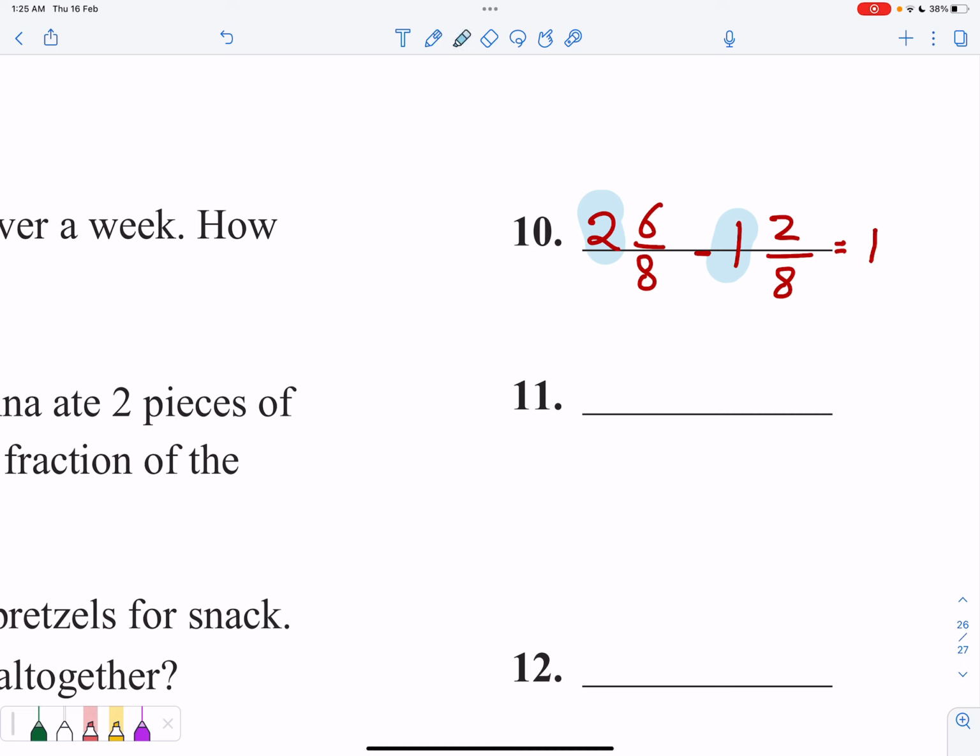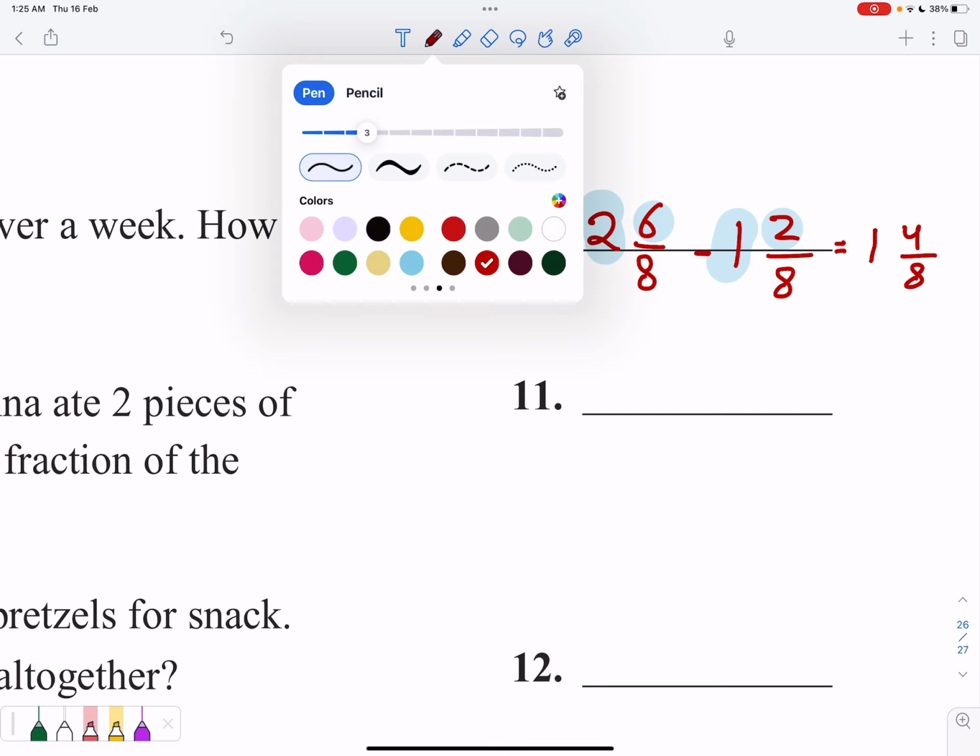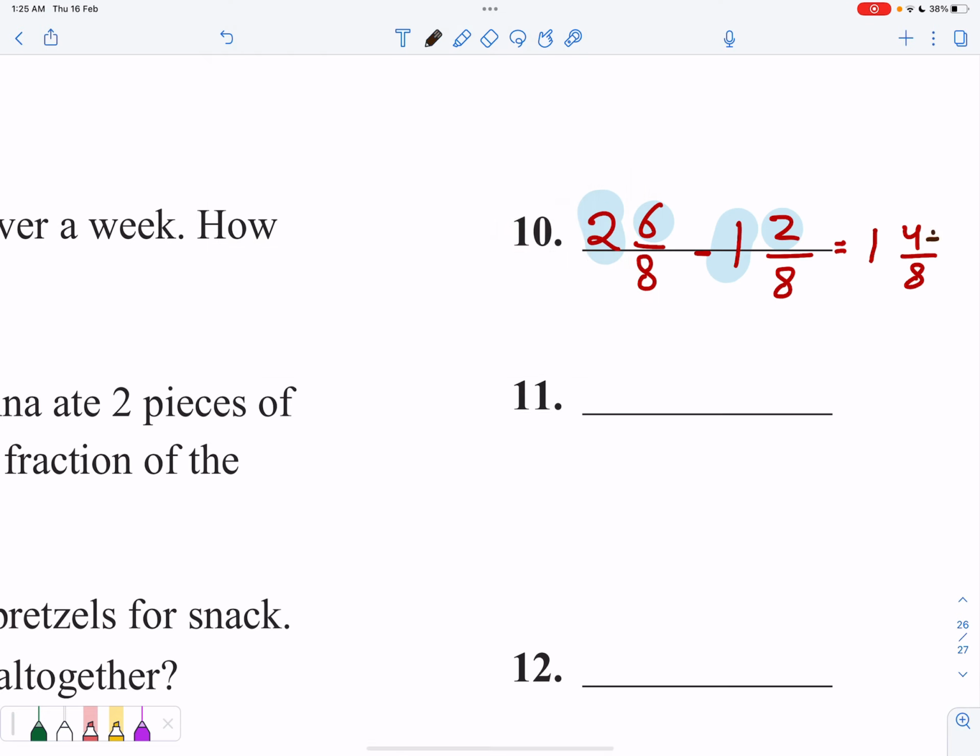Then the fractions, 6 minus 2 equals 4 over the same denominator, which is 8. Now both of these are even numbers. We can simplify them by dividing them over 4. We can try 2, but we can also try 4 because 4 is greater, we should choose it. So 4 divided by 4 equals 1 and 8 divided by 4 equals 2. So he has 1 and 1 over 2 boxes left.